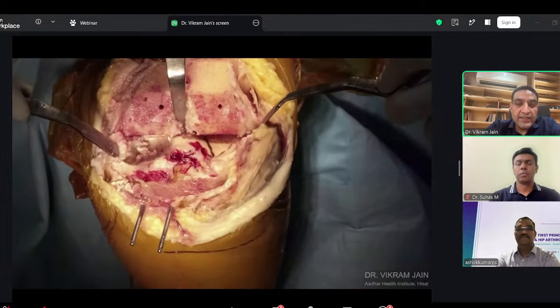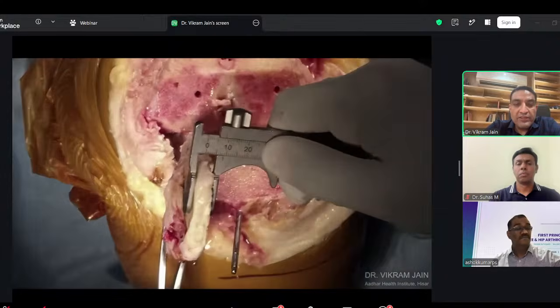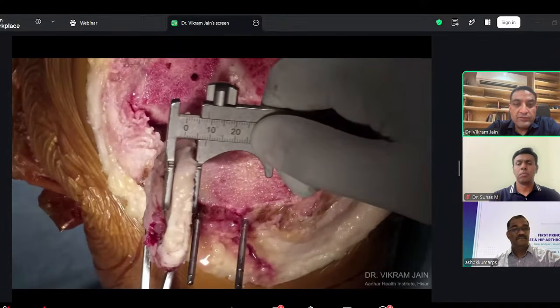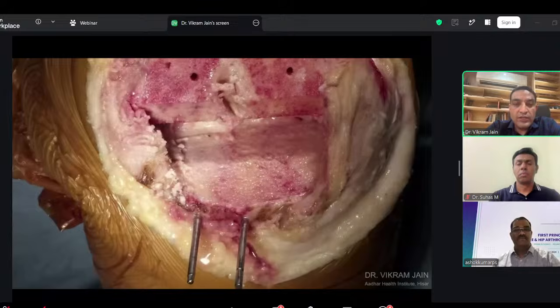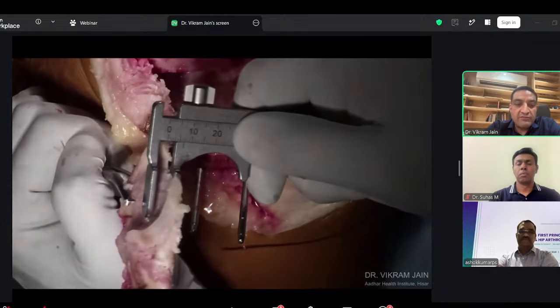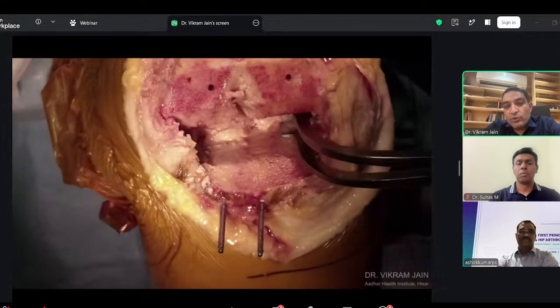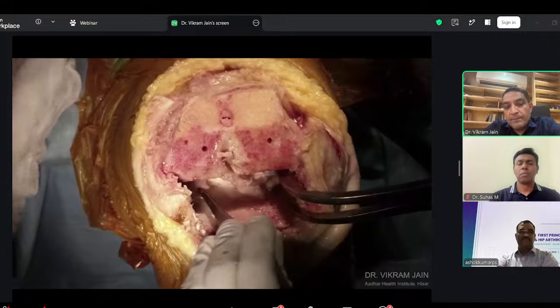And the medial side, depending upon cartilage and bone loss, could vary between 6, 5, or 4 millimeters. 9, it is a fairly accurate cut on the lateral side, and the medial side is about 6, 6.5. 6.5 plus 2 cartilage loss makes about 8, 8.5.